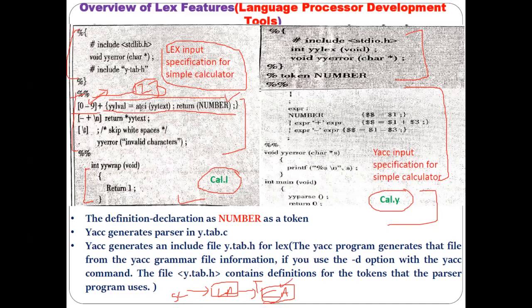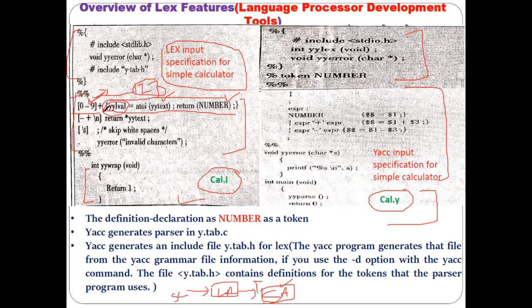So what is this action? yylval equal to atoi of yytext, return NUMBER. What is this atoi? It stands for ASCII to integer. Whatever number you write here, if it matches, that ASCII text gets converted to an integer. yytext stores the matched string, whatever number it may be, and that is stored in the yylval variable.